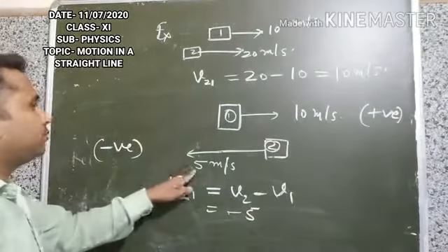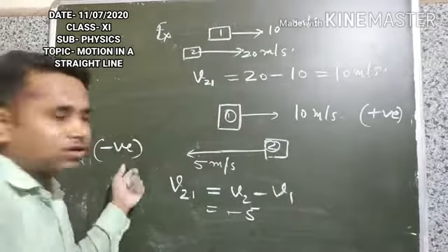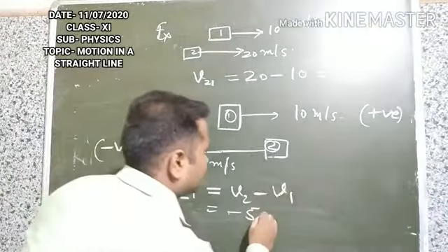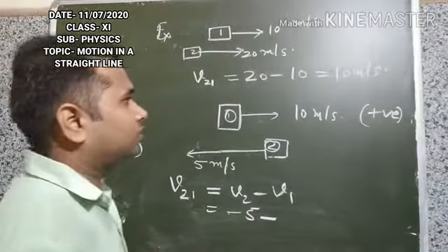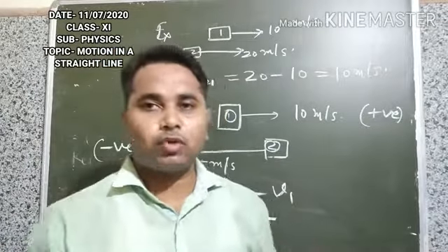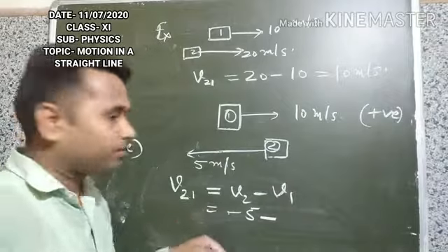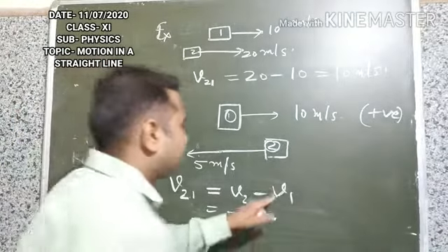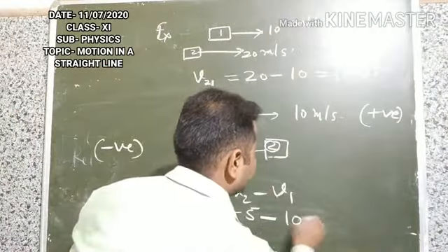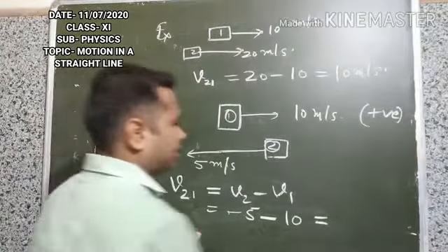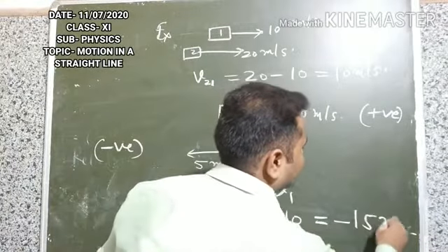Why minus 5? Because it is moving towards negative direction, opposite to the first. Why are we using the sign convention here? Because velocity is a vector quantity, not a scalar. So we will write the sign also. So minus 5 minus, what is v1? v1 is 10, and minus 5 minus 10 is equal to minus 15 meter per second.